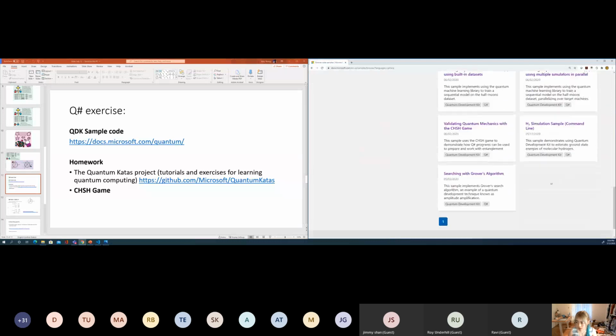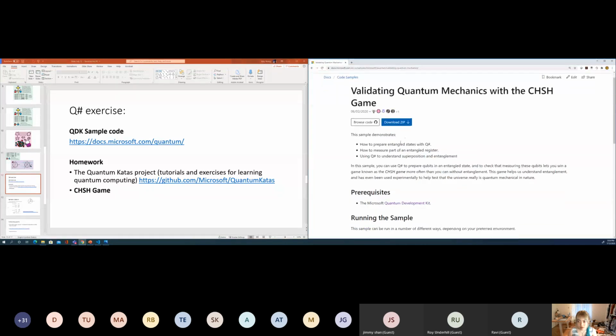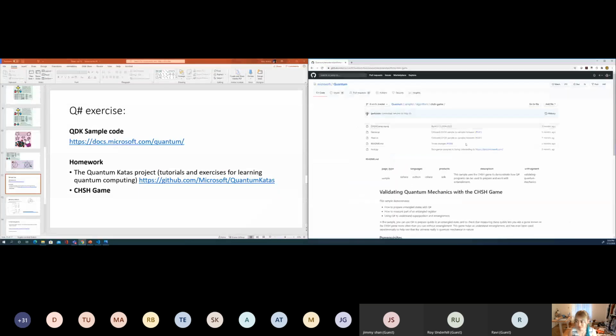You can find on this sample page, validating quantum mechanics with the CHSH game. Nicely, you can download it, or you can go to the browser. It's on GitHub, so you can download the code there.